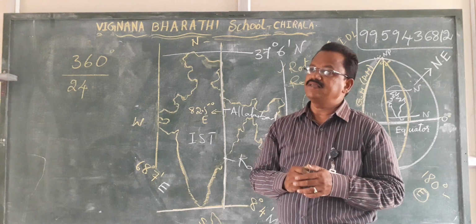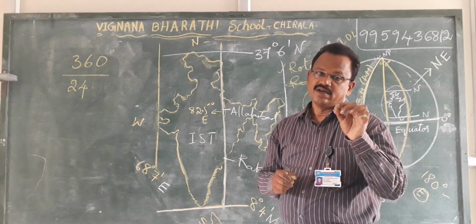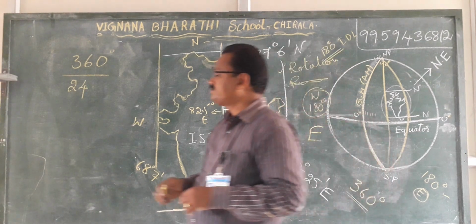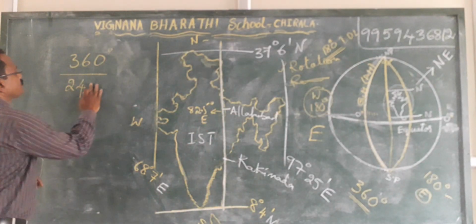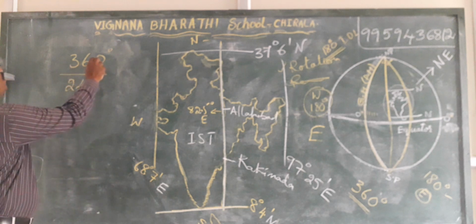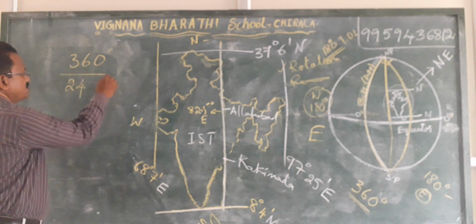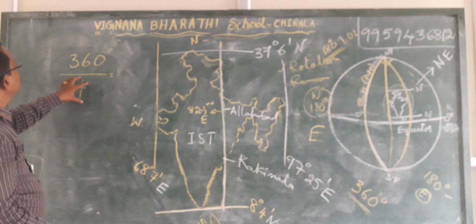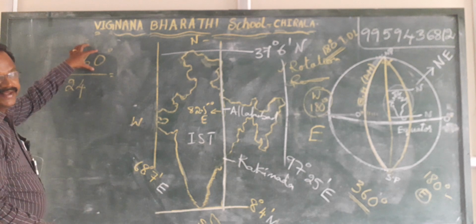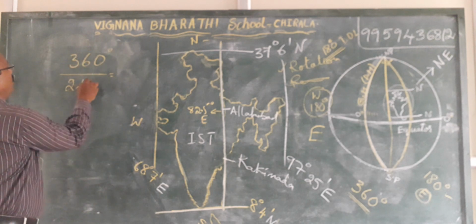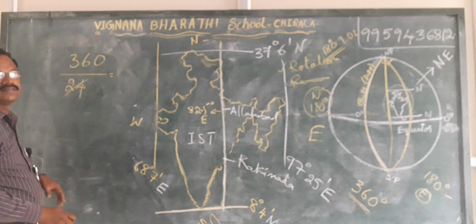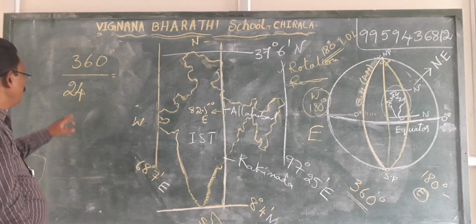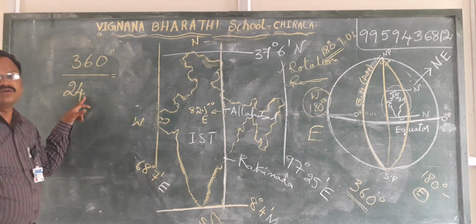So totally how much time does it take for reaching the same place? 24 hours. So in this sense 24 hours, 360 longitudes. So this one here number of hours and number of degrees. Now we are changing this 24 hours into minutes.